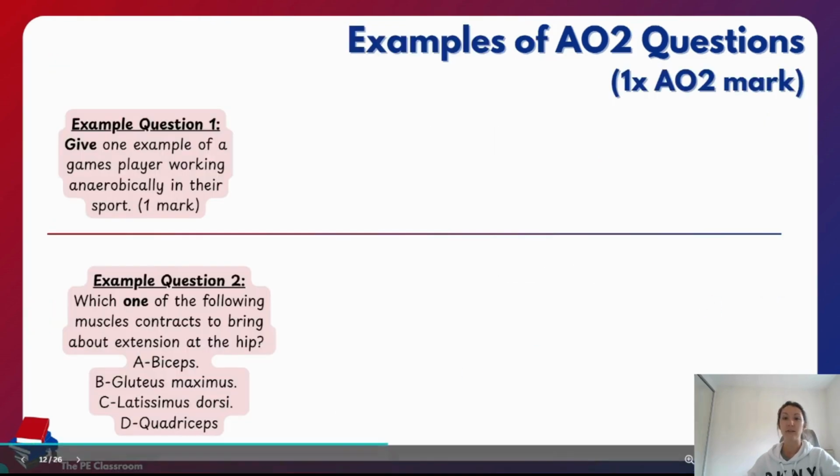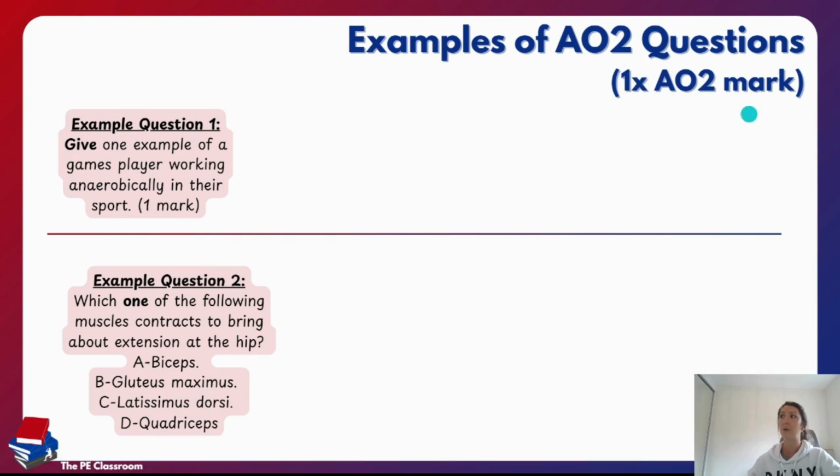So here are some examples then. Both of them are 1 mark available, but they are AO2 type questions. You can see here that the command word we've got is give, and this one doesn't quite have a command word. This is a multiple choice question, so generally they tend to say which one of the following or something along those lines.